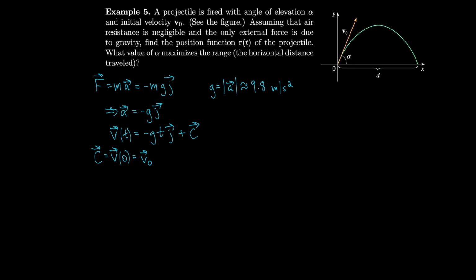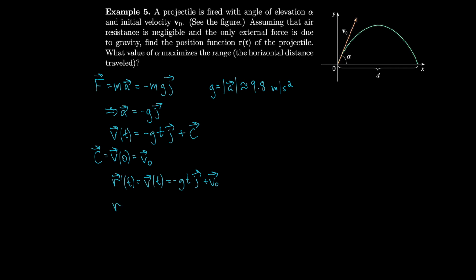So that means that we now know what our velocity is, so let's get position. So we could write the derivative of position is v of t, which is minus g t j plus v0 instead of c.